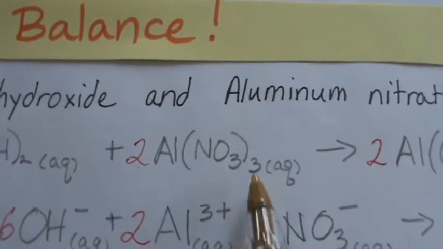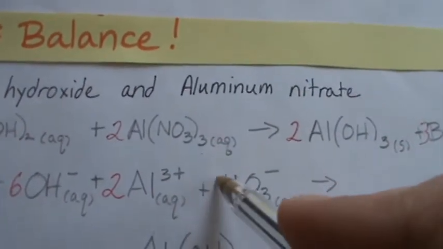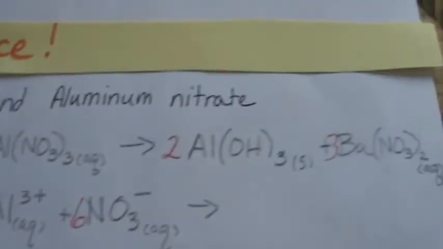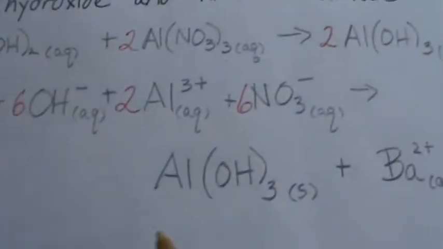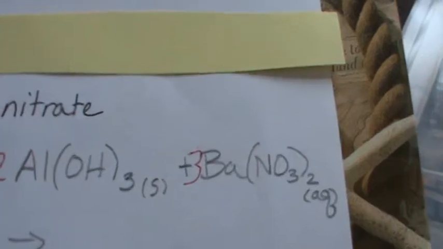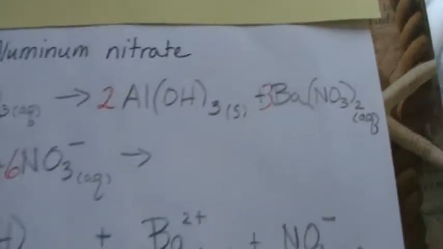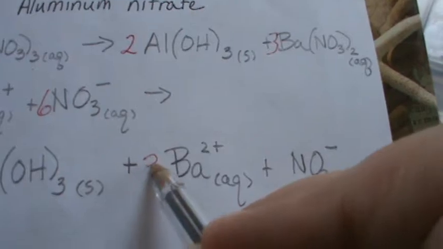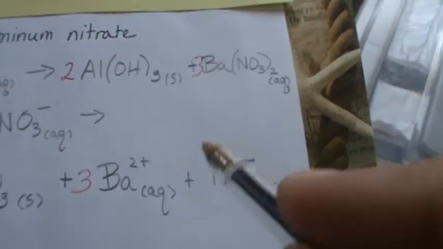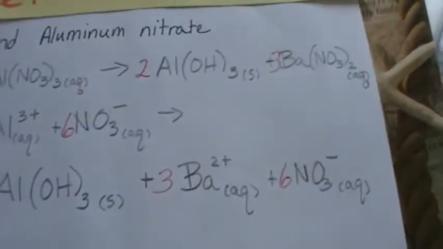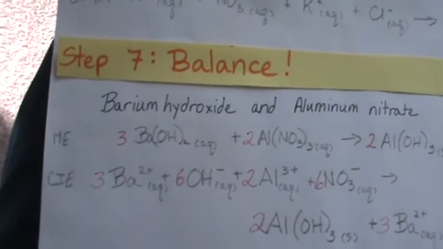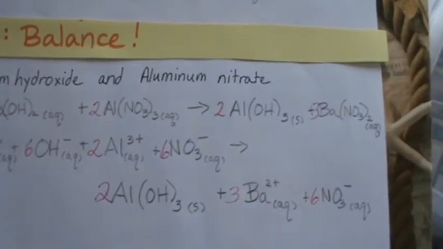And then I have 2 times 3 gives me 6 nitrates. Now I had 2 complete aluminum hydroxide units, so I will carry that through here as well. And here I have 3 of my barium nitrates, which means that I have 3 barium ions here, and 3 times 2 or 6 nitrate ions here. And that is the balancing for this one.